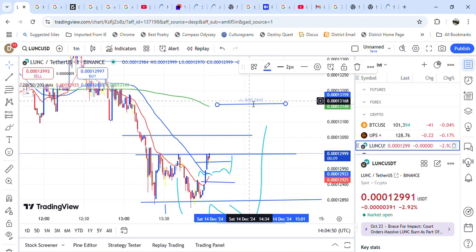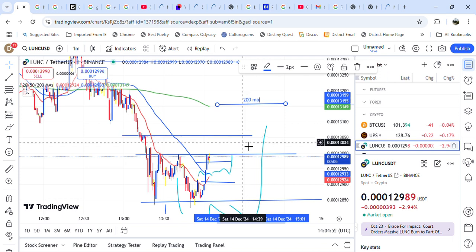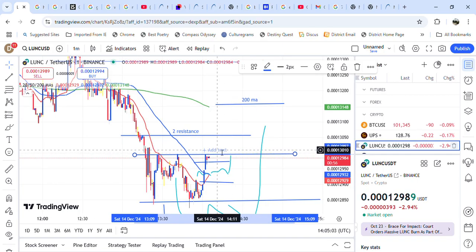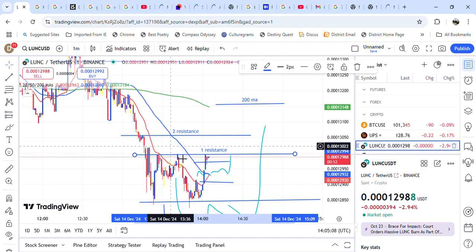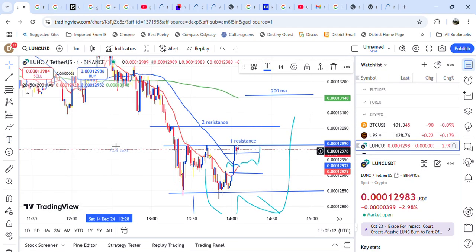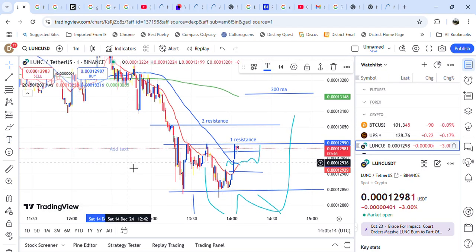This green line right here. We'll write 200 MA right there. We'll write second resistance, and right here we'll write first resistance, and right here channel.